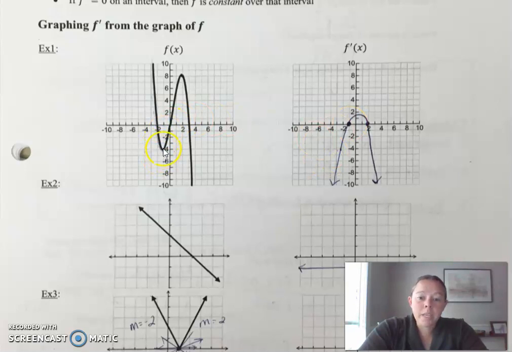Now, between -1 and 2, roughly, you can see how the slopes are positive. They start off flat and get steeper. And somewhere here in the middle is where it's the steepest, and then they start to flatten out again to approach that horizontal tangent line. And that's what's happening here.